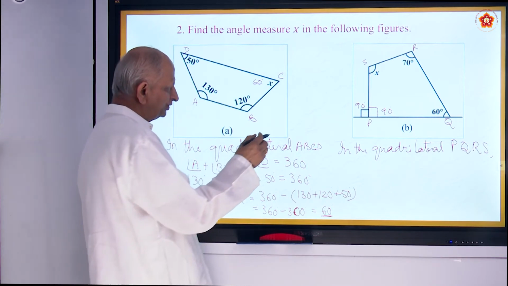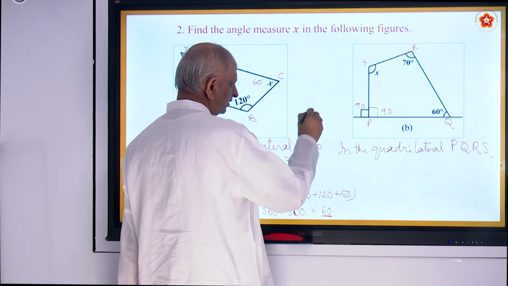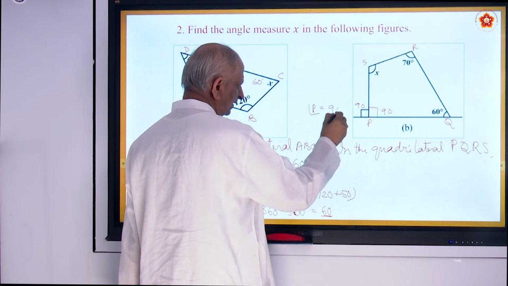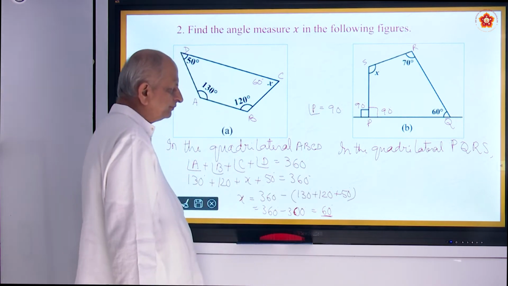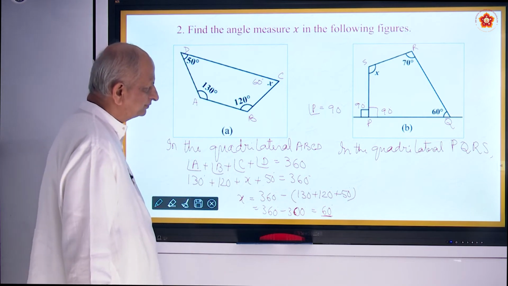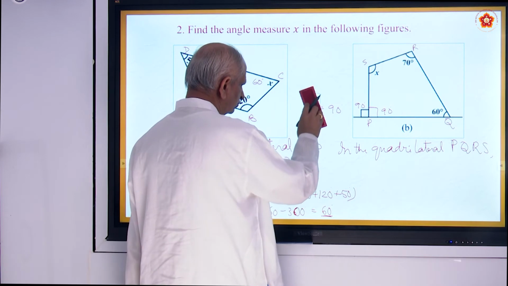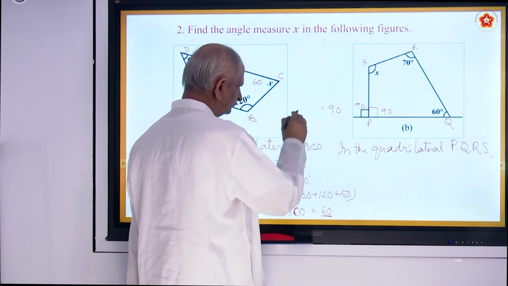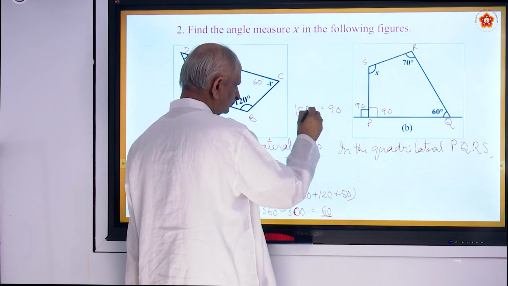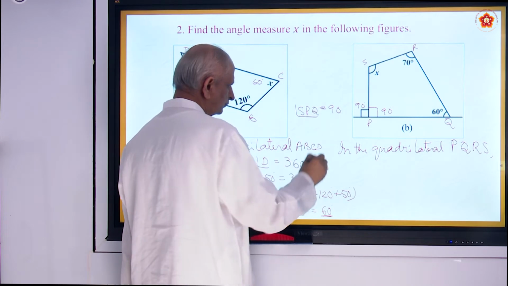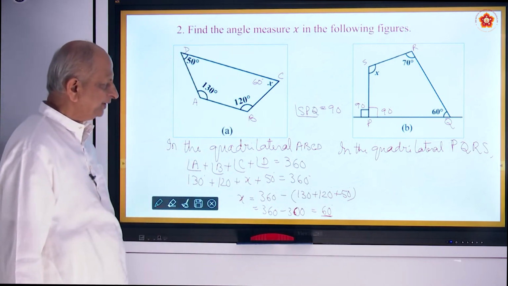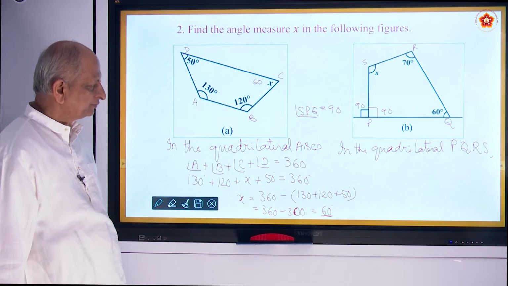If it is a 2 marks question, you must mark that angle P is 90 degrees here. Angle P means what? SPQ. So the inner angle. SPQ is 90 degrees.